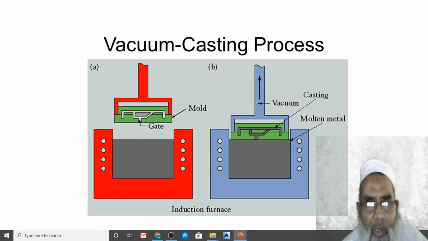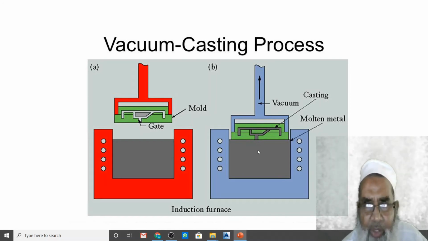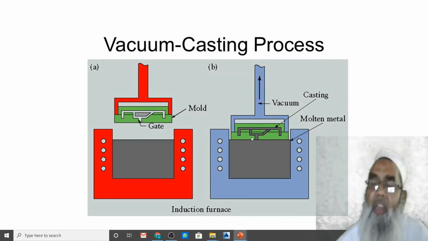Now, after assembly, it is dipped into the molten metal. Vacuum is created so that the molten metal gets sucked into the die cavity. It is allowed to solidify, taken out, ejected, and ready for another cycle.